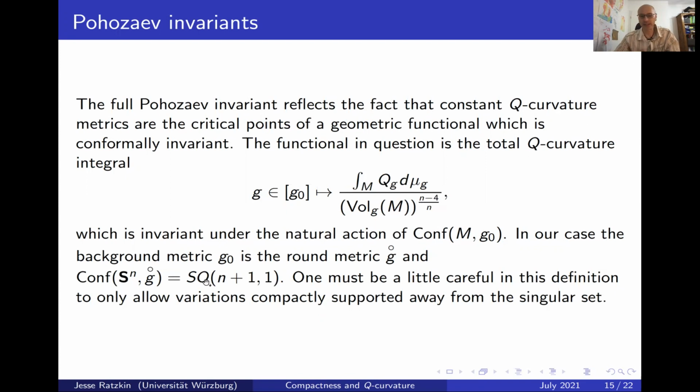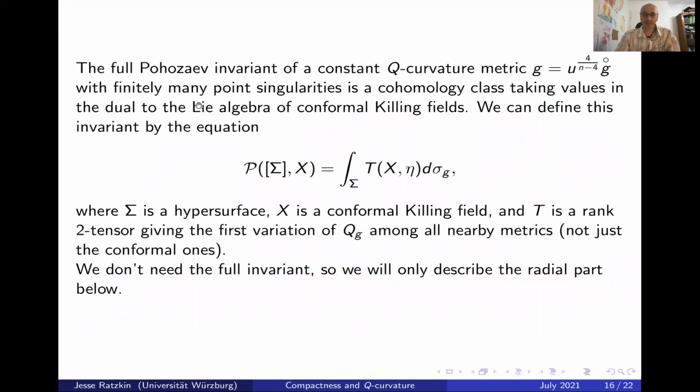So you have to be a little bit careful when you're setting up this variational problem. We won't need to go into all the details here. It's fairly standard. If you want to define this Pohozaev invariant in full generality, we don't need the full Pohozaev invariant for our purposes, so we'll really only discuss part of it.